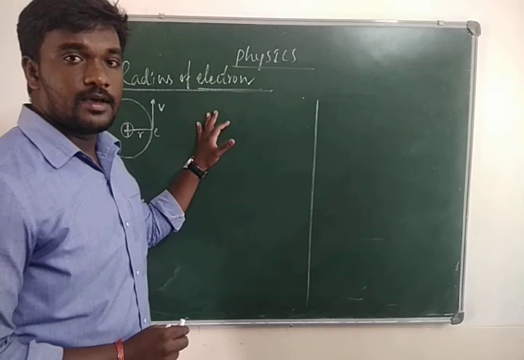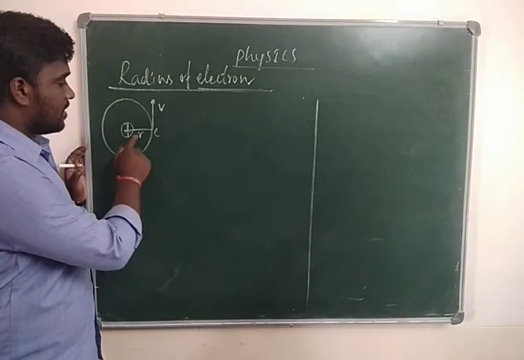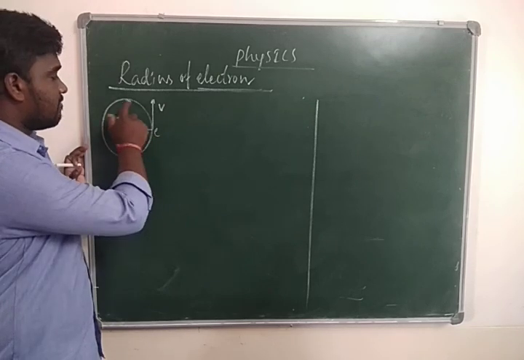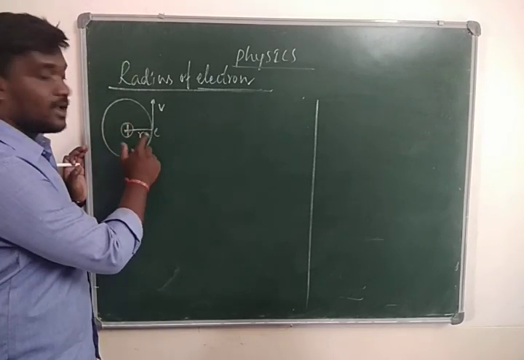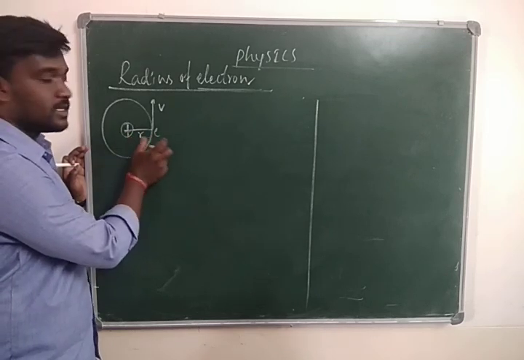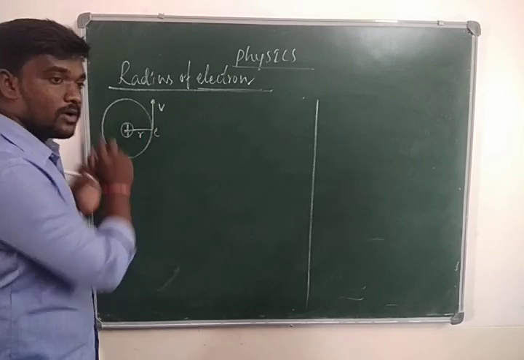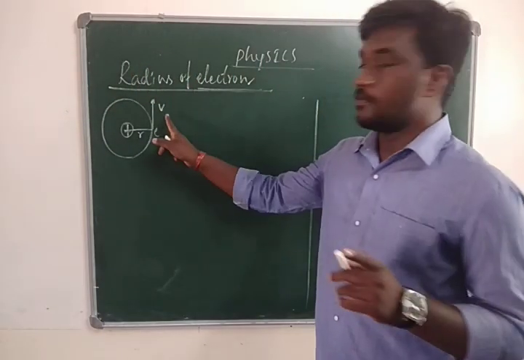Radius of the electron. Here this is the nucleus, and this is the electron revolving around the nucleus. This is the radius between the nucleus and the electron, revolving with the velocity v.